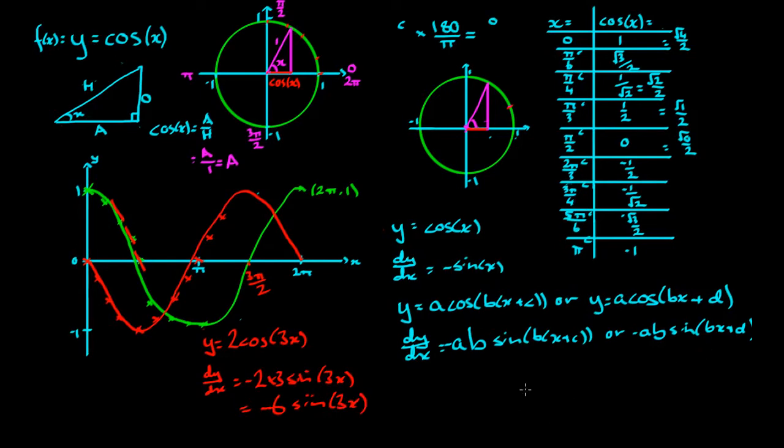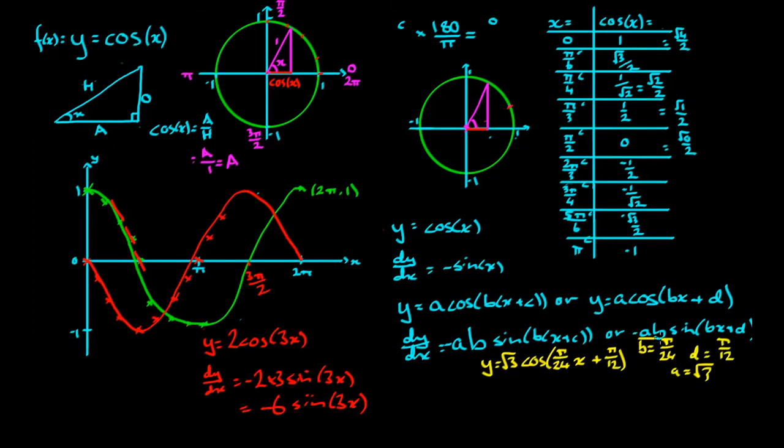Another possible example we could have is y is equal to root 3 cos of pi on 24 x plus pi on 12. So b is equal to pi on 24, d is equal to pi on 12, a is equal to root 3.